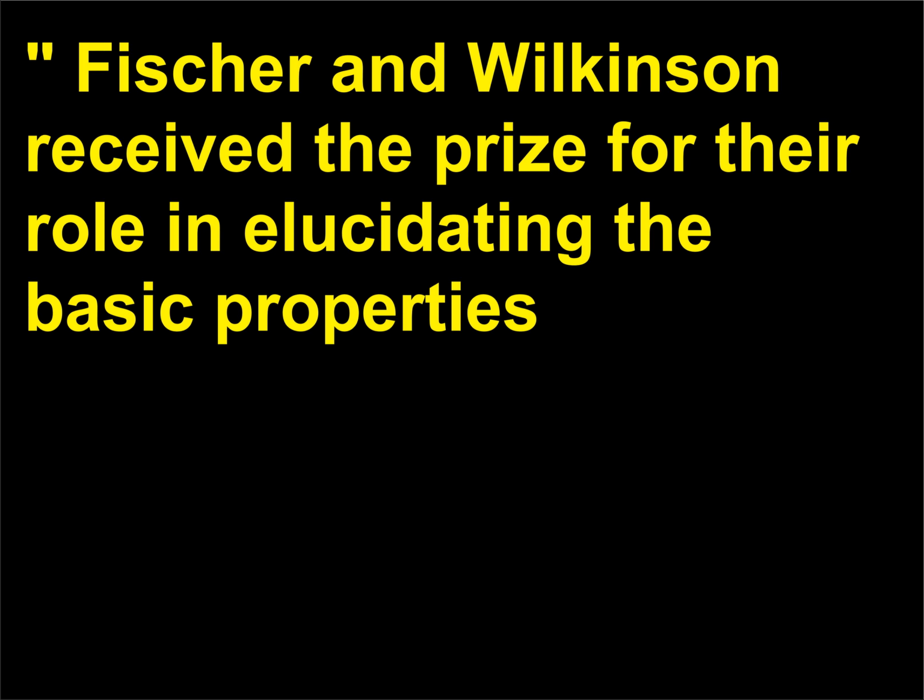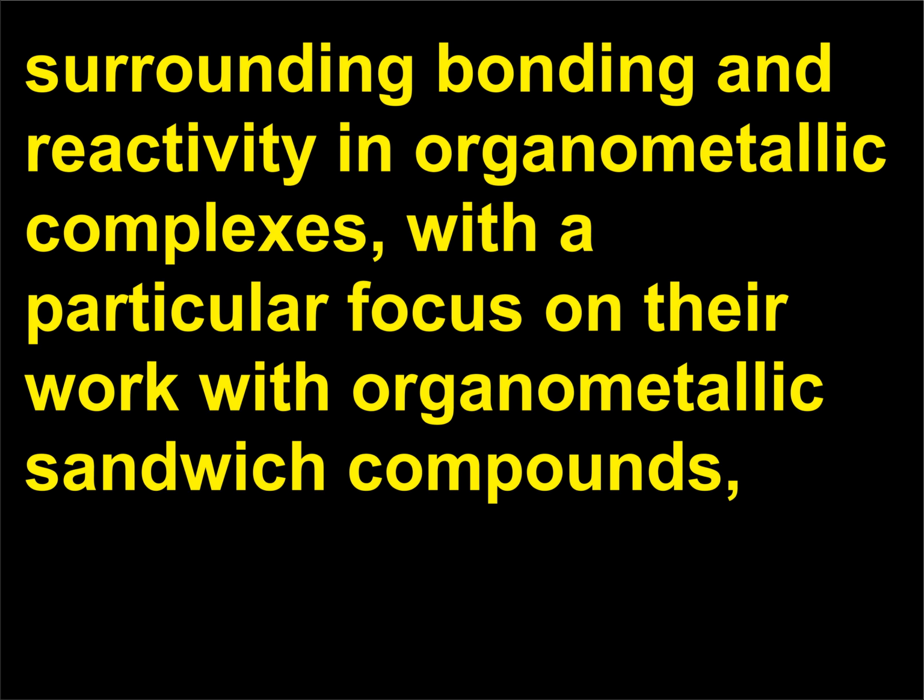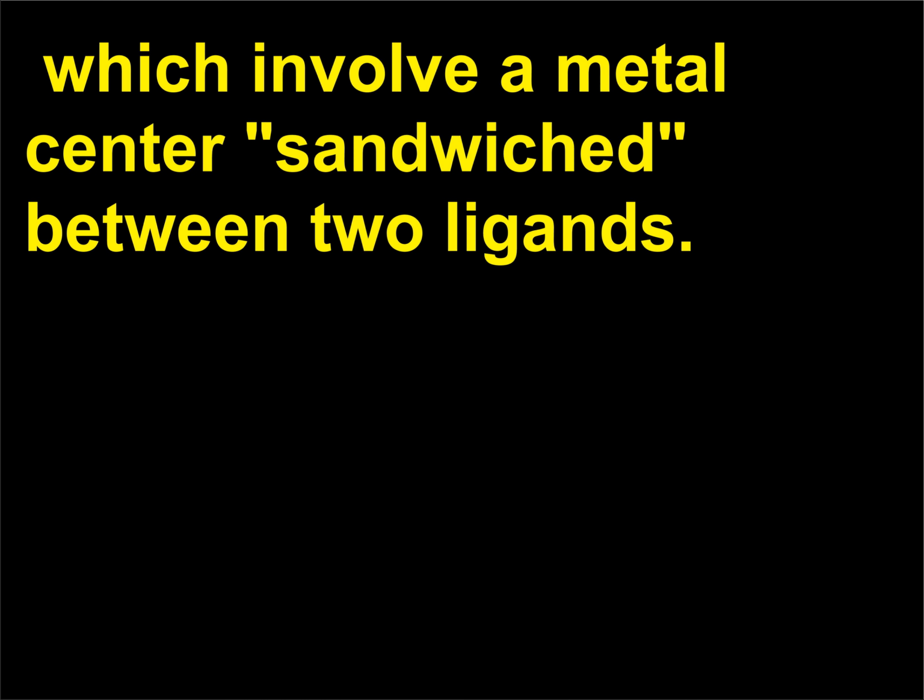Fischer and Wilkinson received the prize for their role in elucidating the basic properties surrounding bonding and reactivity in organometallic complexes, with a particular focus on their work with organometallic sandwich compounds, which involve a metal center sandwiched between two ligands.